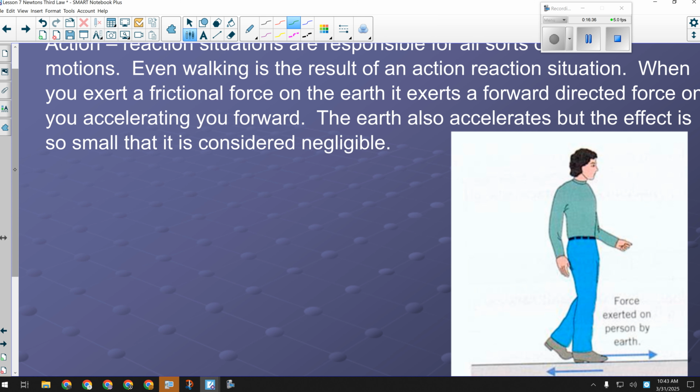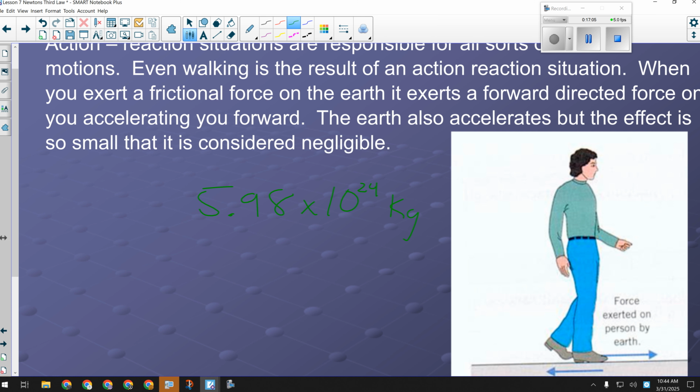Do we have to worry about that? If everybody jumped at the same time, could we knock Earth out of orbit? Some people think so, but we can't, because this is the mass of the Earth: 5.98 times 10 to the 24 kilograms.